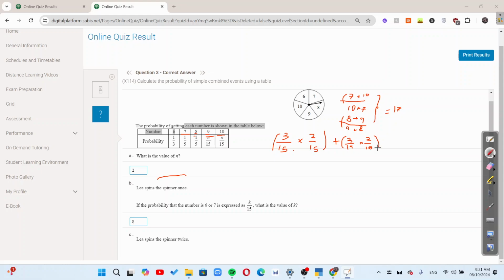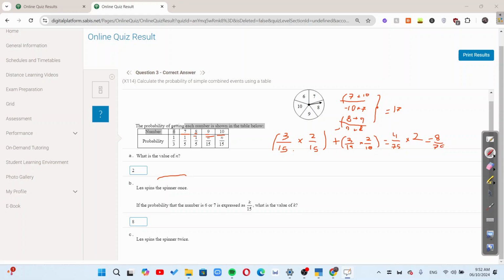And then you're going to get 4 over 75 from this, but you still have two probabilities we didn't calculate. You still have these two, this and this. So you multiply this answer by 2 and you get 8 over 75, which is your final answer.